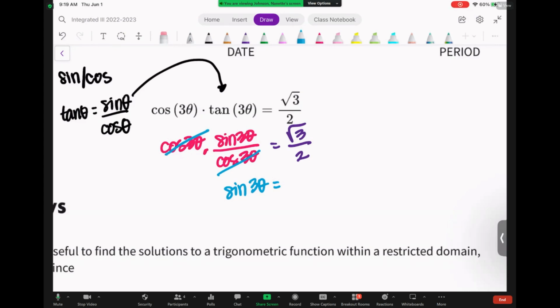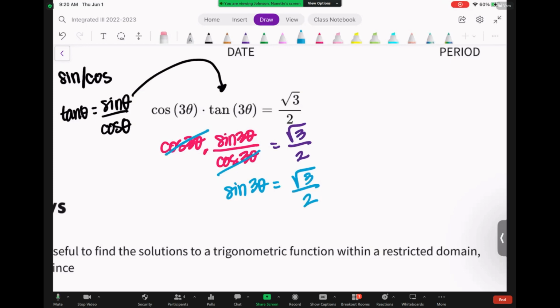Here we used an identity that had a division of cosine 3 theta in it. So I'm not choosing to divide by cosine 3 theta. It's part of the identity. I hope that makes sense. I didn't come up with the idea to divide out. Okay, so then we have sine 3 theta equals root 3 over 2.